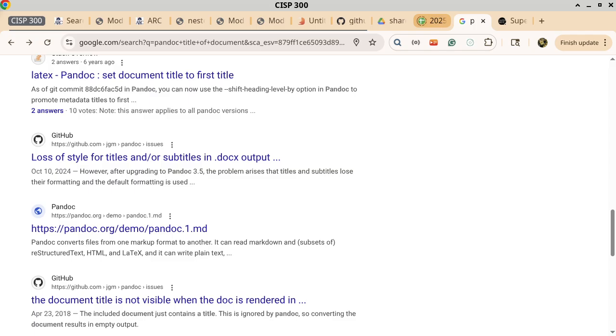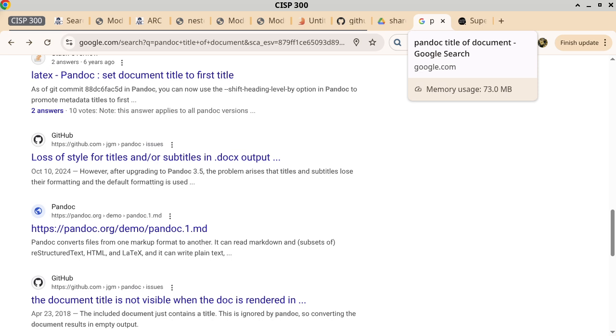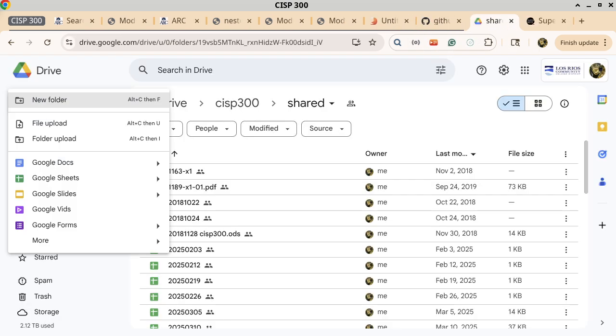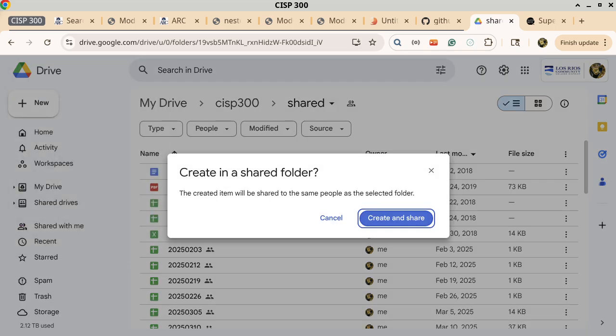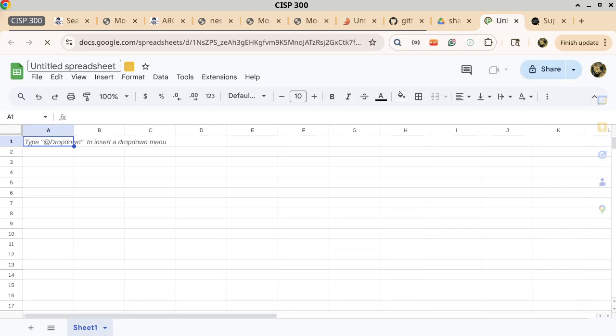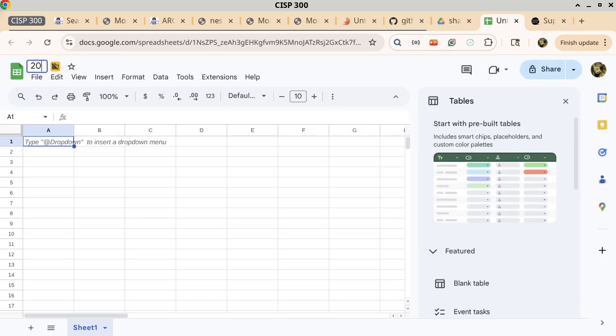So let me close the tabs that we don't need anymore. And then we make a new Google Sheet for today, and that's always going to be in today's date, so it's easy for you to find. So you have the video, and you have the spreadsheet that serves as a log of what we talk about today. Today is the 29th, just wanted to make sure. There we go.